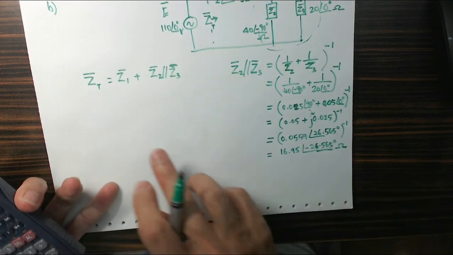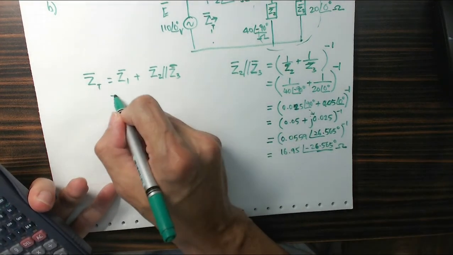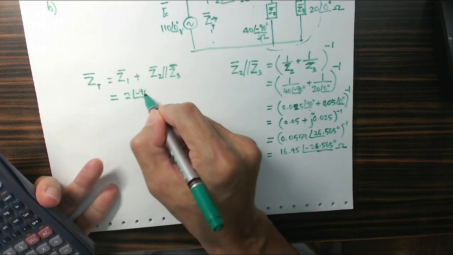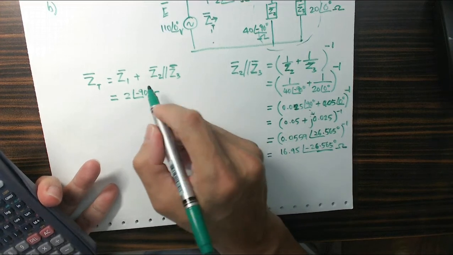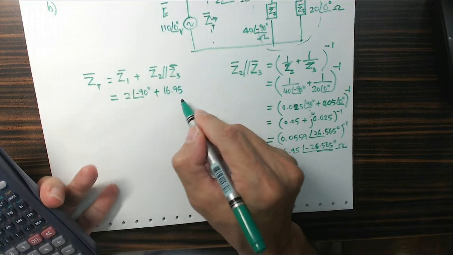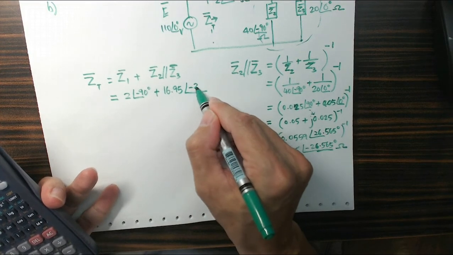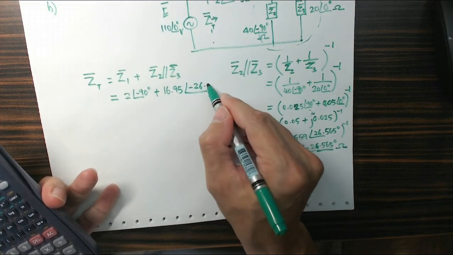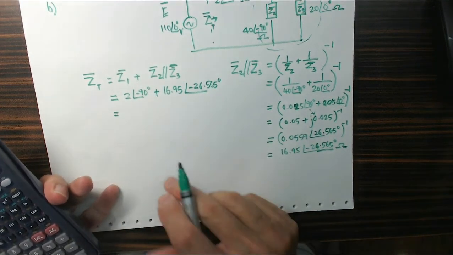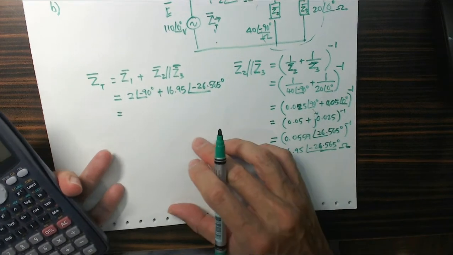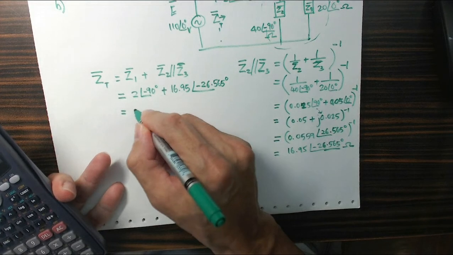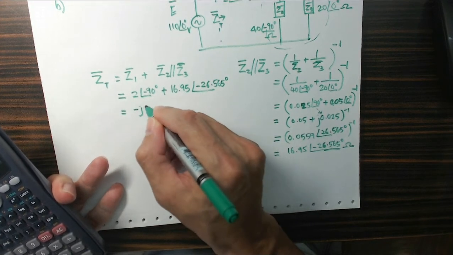Now I can put this in. What I get here is 2 at an angle of minus 90 degrees plus 16.95 at an angle of minus 26.565 degrees. Now we need to add them, so it's good to convert back to rectangular format. 2 at minus 90 is just minus j2.